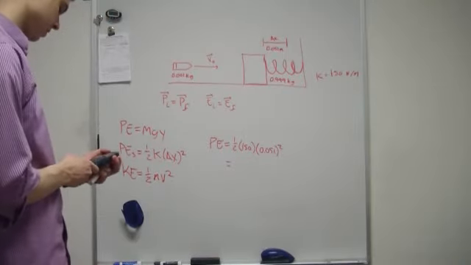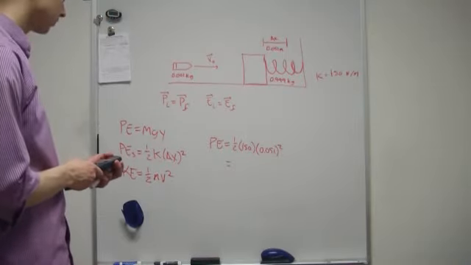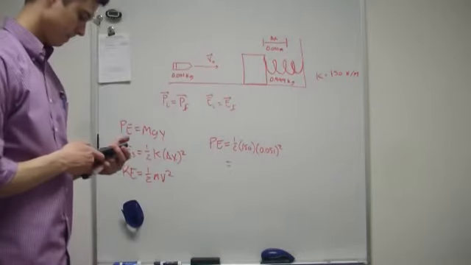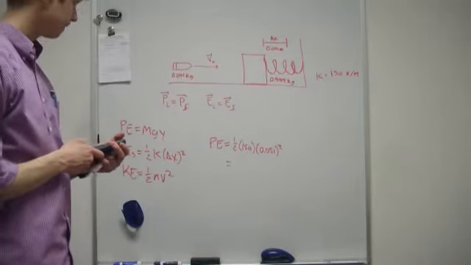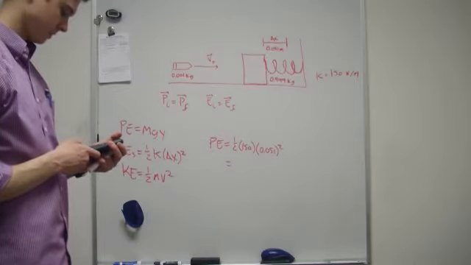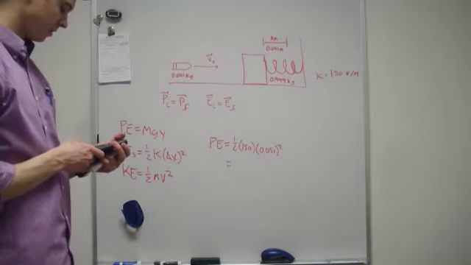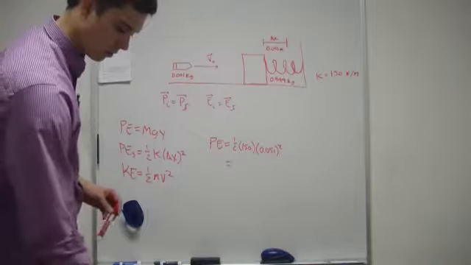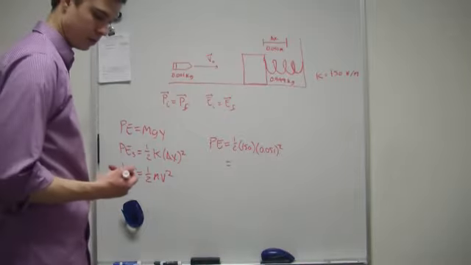I did 2.195. Yeah. This is the right change in X, right? Yep. 0.051. Square that. Yeah, I guess that makes sense. Times 150 divided by 2. So 0.195.